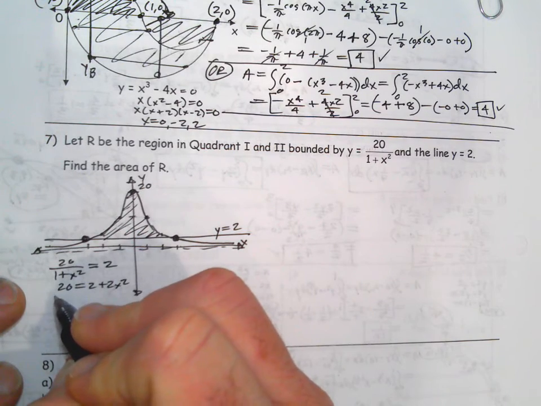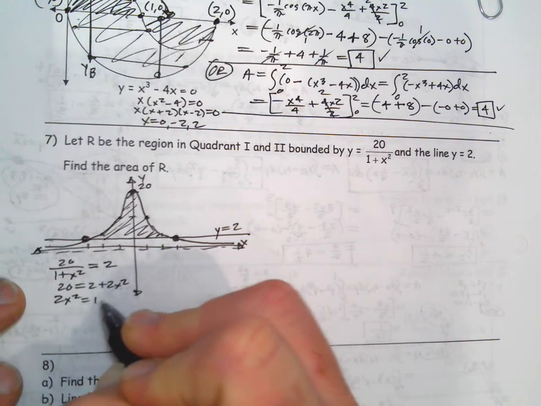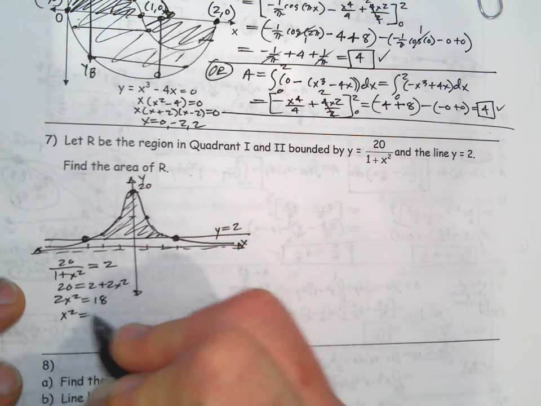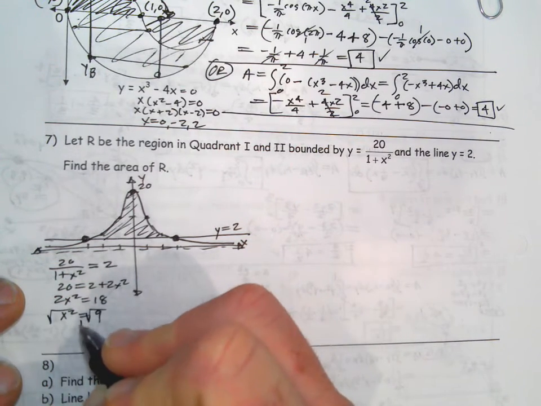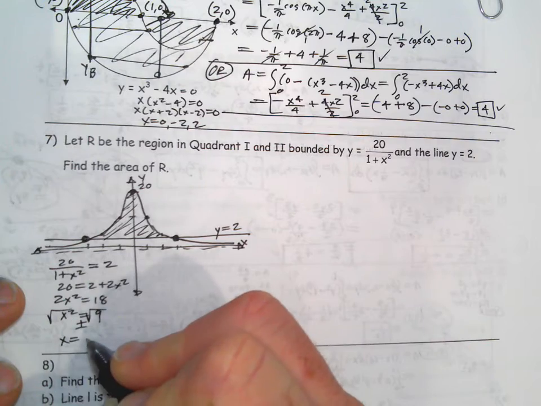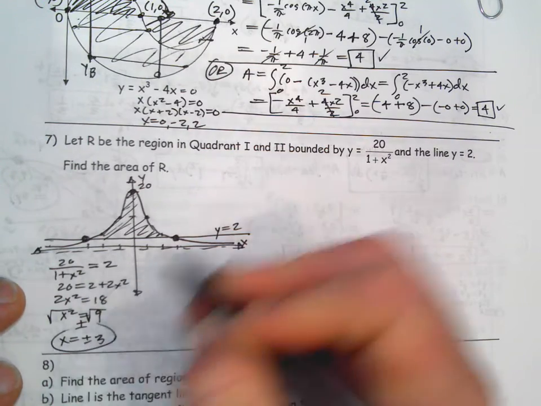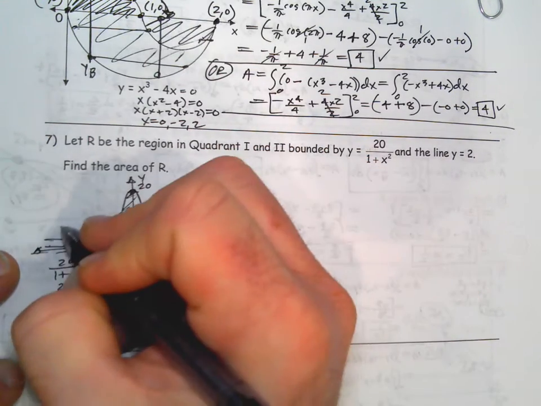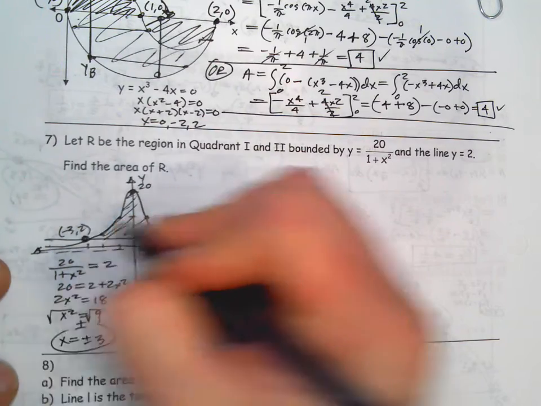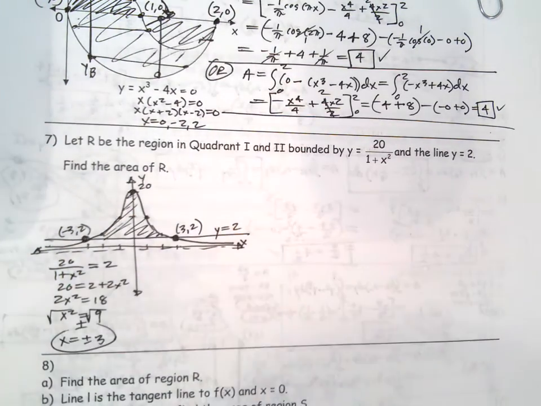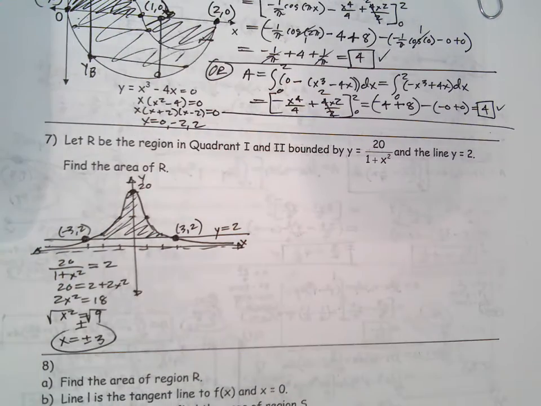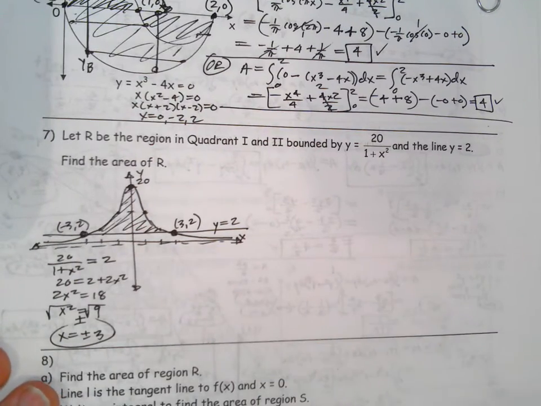It's going to be 2x squared equals 18. It's going to be x squared equals 9. Square root both sides, plus or minus. We actually want to use both of them this time. This is positive 3. This is negative 3. Comma 2, comma 2. If you plug it into either equation, you get that. So those are our intersections.